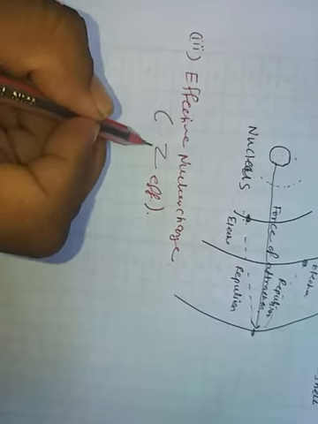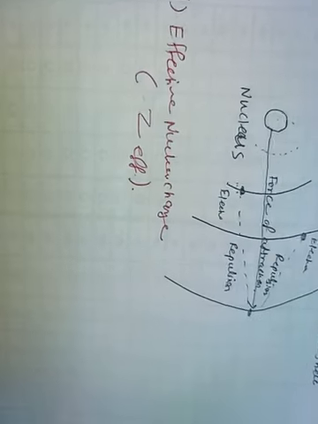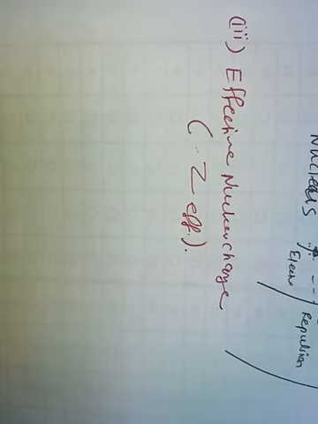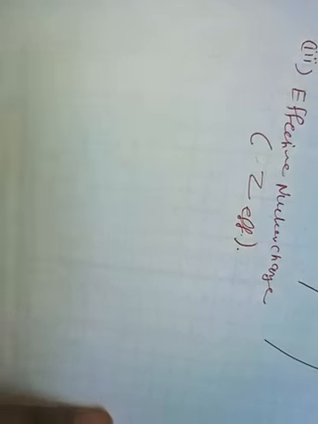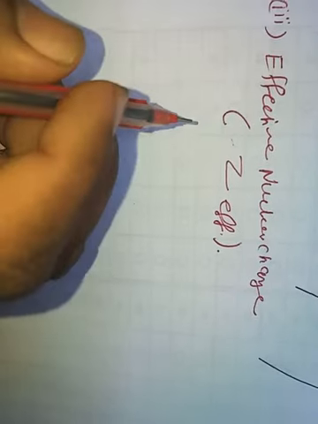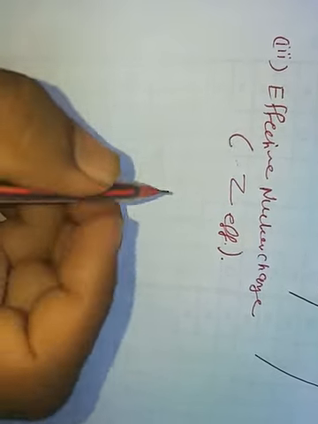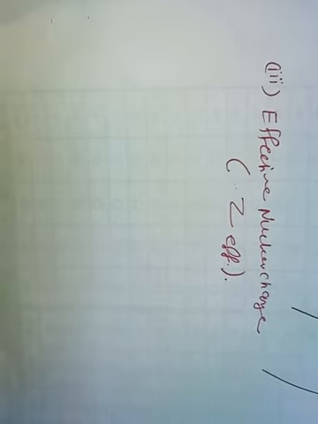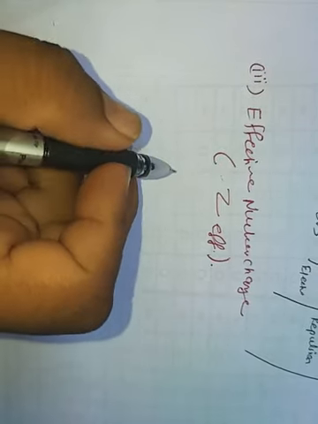Z means atomic number, which means the number of protons. We can also mention this in a single electron system and a multi electron system, and explain it with the help of a diagram.